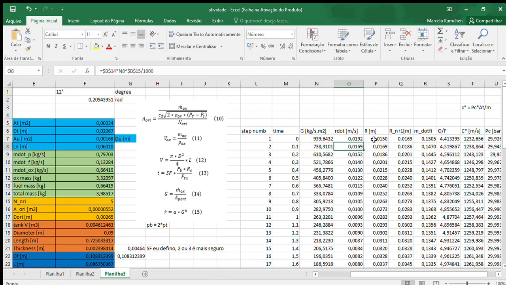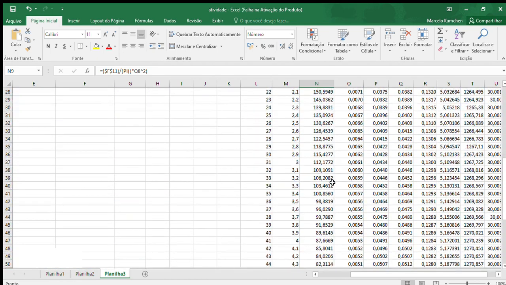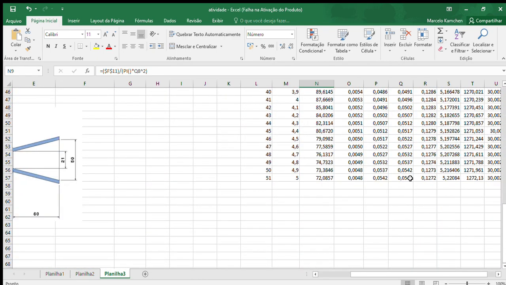We input the initial radius and the radius at the next time step, n plus 1. We calculate the port area again and repeat the calculation with a constant oxidizer mass flow rate. At the end of this process, we find the final radius at the burning time.